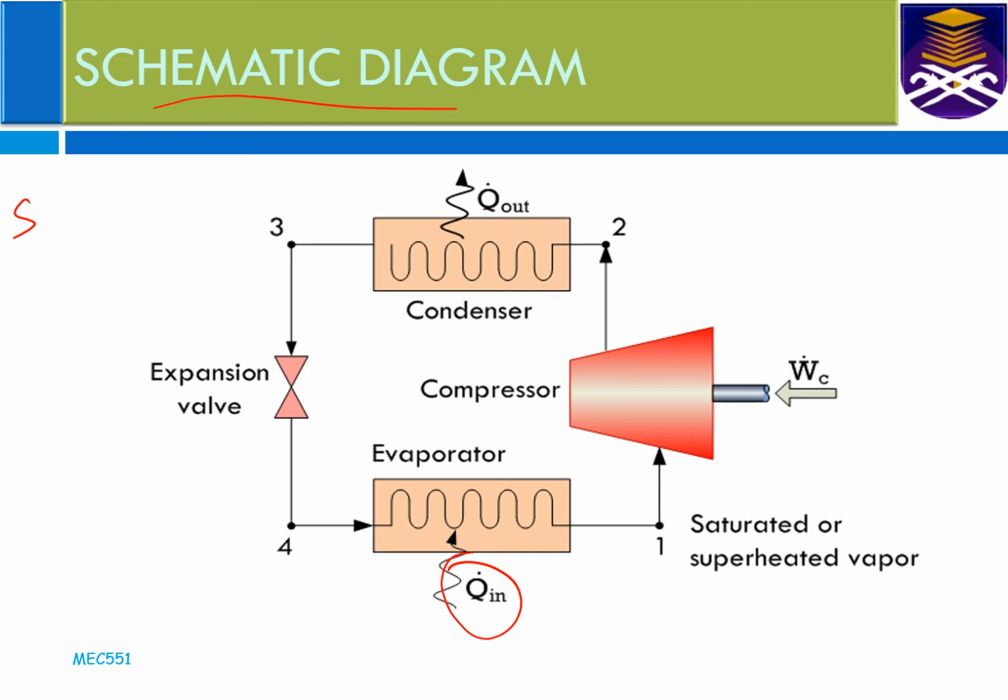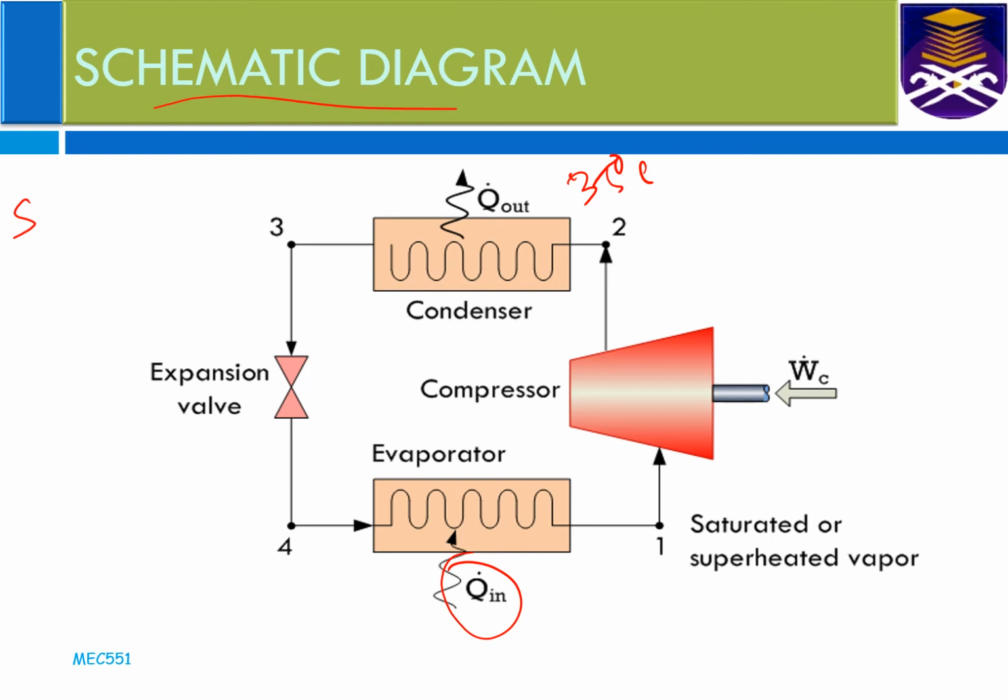In order to do that, for example, how hot is our environment in Malaysia? For example 35 degrees Celsius in the afternoon. So the working fluid temperature has to be higher than 35 degrees Celsius.